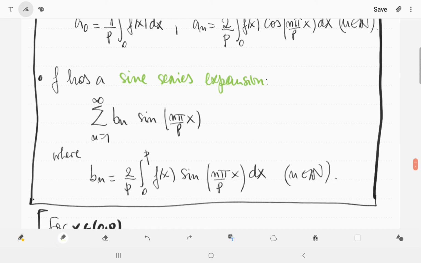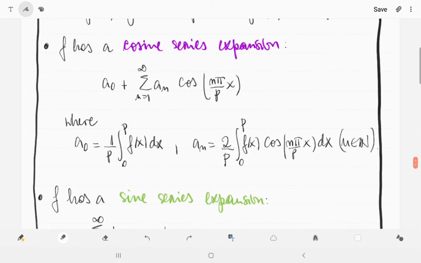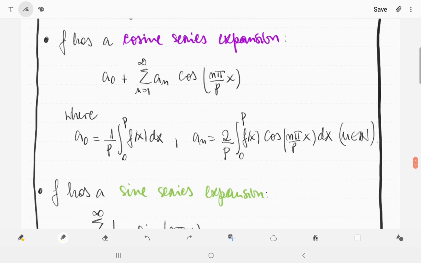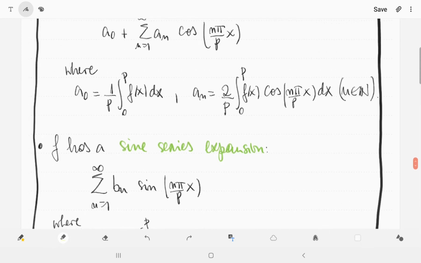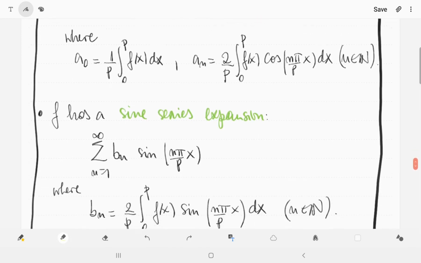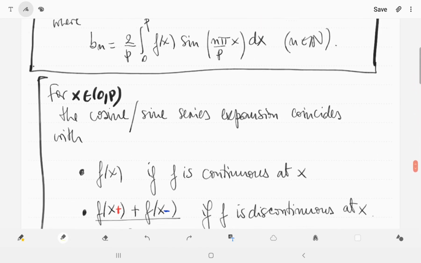And the function f has a sine series expansion in this way, where we know how to compute these coefficients because that's what we saw in the previous part of the lecture. And these are also called the half-range expansions. So when we are talking about the half-range expansion of f, we are talking about these two, the cosine series expansion and the sine series expansion.